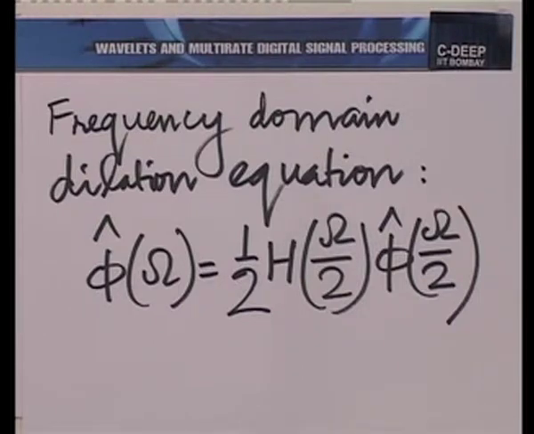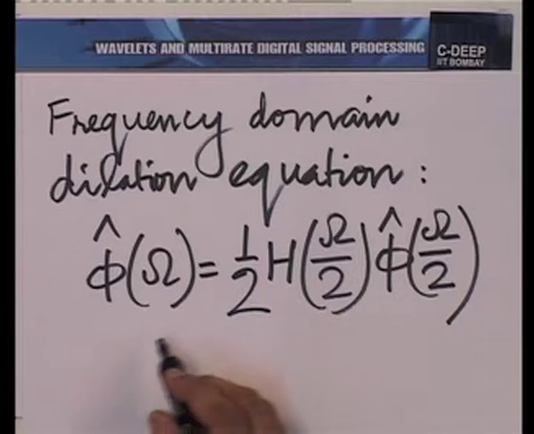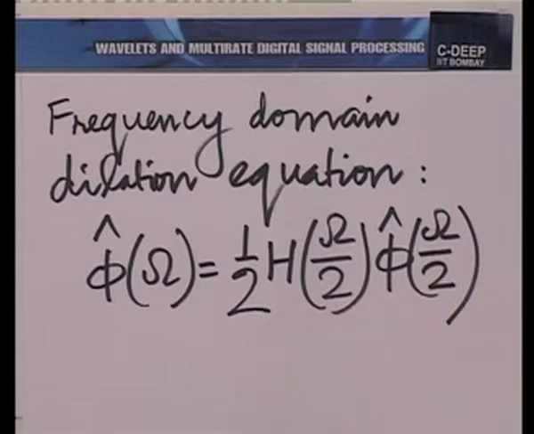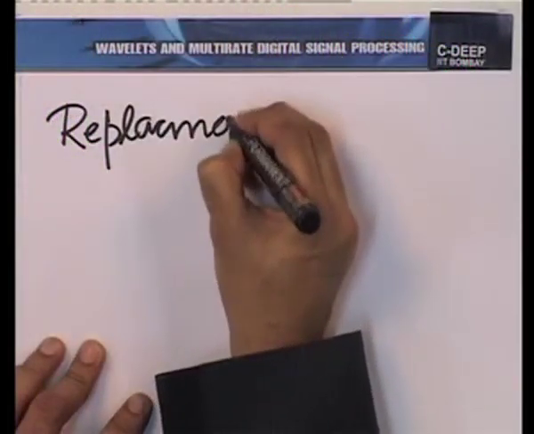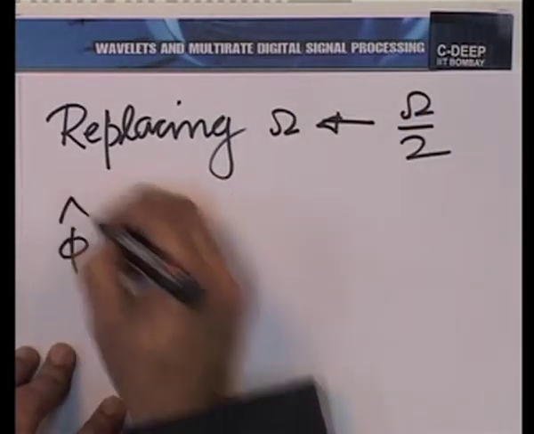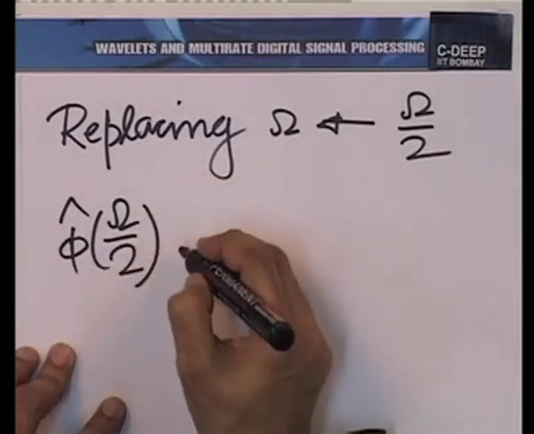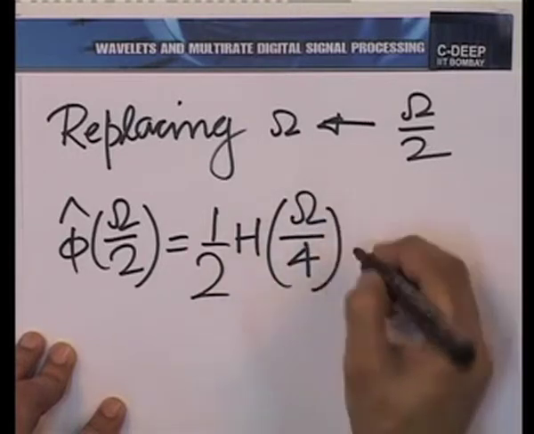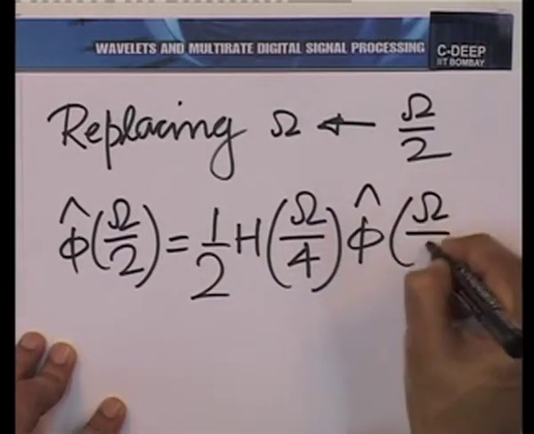Now, the beauty is that what we have done here to go from phi cap omega to phi cap omega by 2 can be done to go one step lower. So, the same equation can be rewritten with capital omega replaced by capital omega by 2, and doing that we would have phi cap evaluated at capital omega by 2 is half H evaluated at omega by 4 times phi cap evaluated at omega by 4.